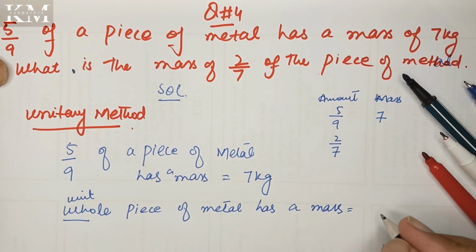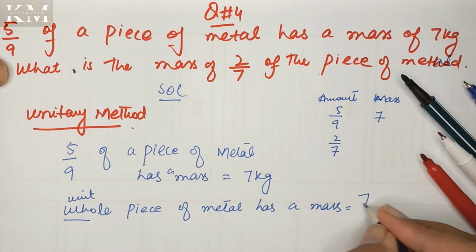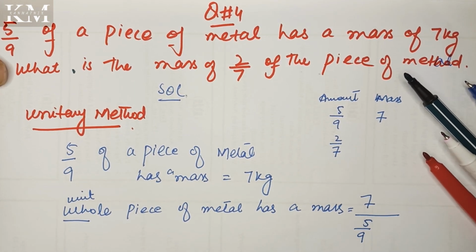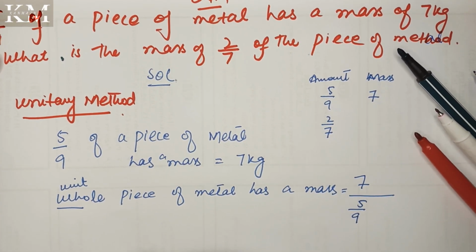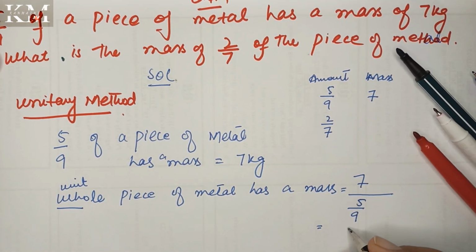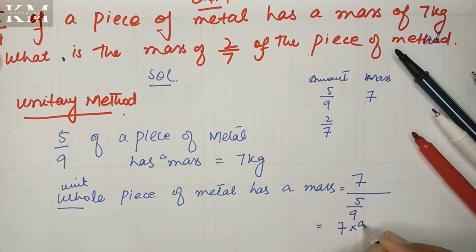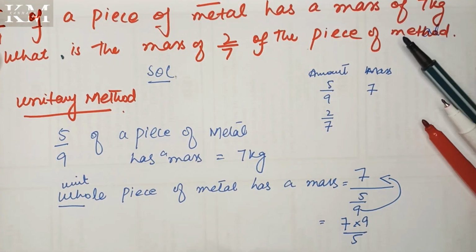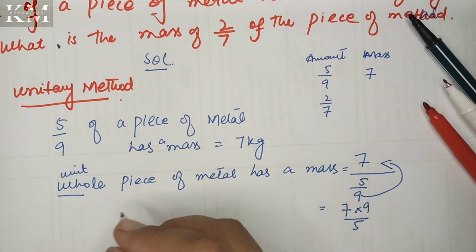What we will do is write 7 kg and divide it by 5 by 9. So dear students, we can write it as 7 into 9 by 5. Like this, we multiply by 9 so that our simplification would be easy.